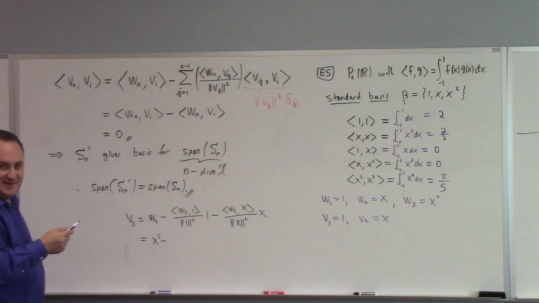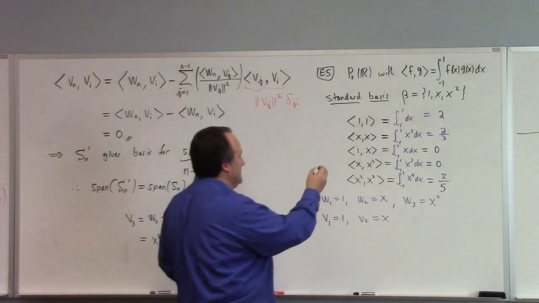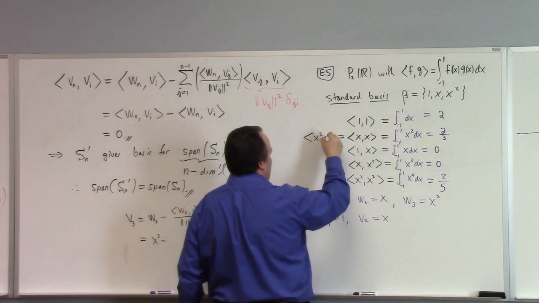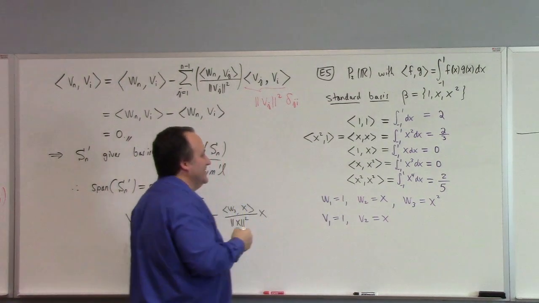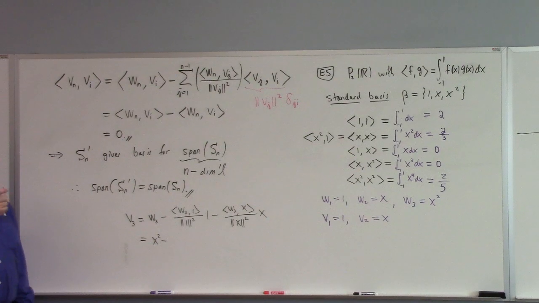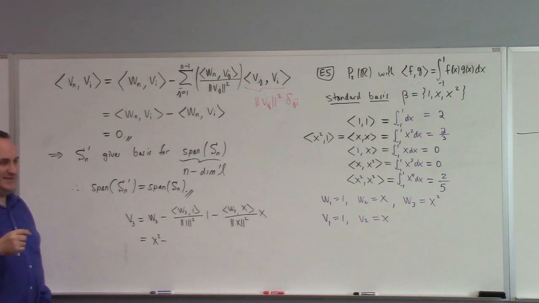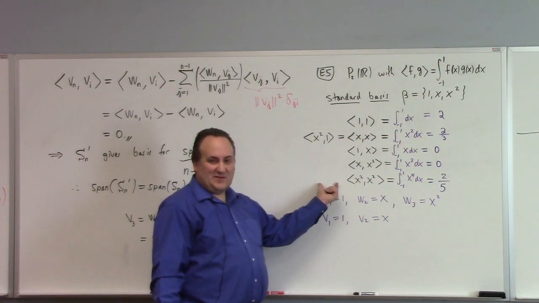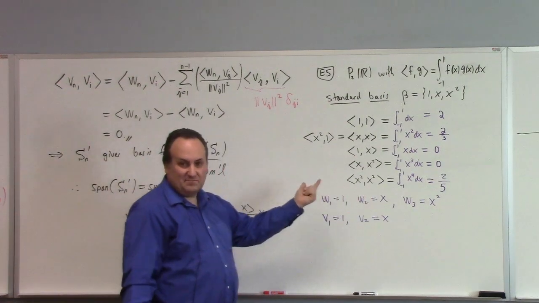Well, it's 2/3, right? Isn't that funny? If you think about this more, you can get a lot of mileage out of it: the sum of the degrees is the same, the inner product's the same. If I was working with x cubed, the inner product of x cubed and 1 would be the same as the inner product of x squared and x squared in this game.